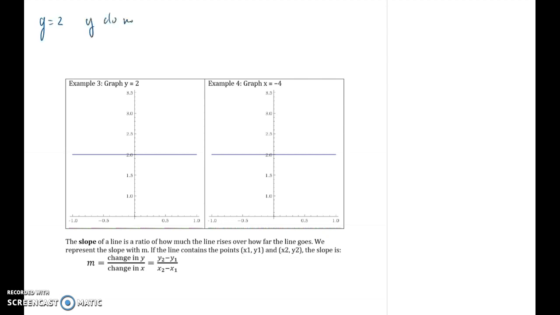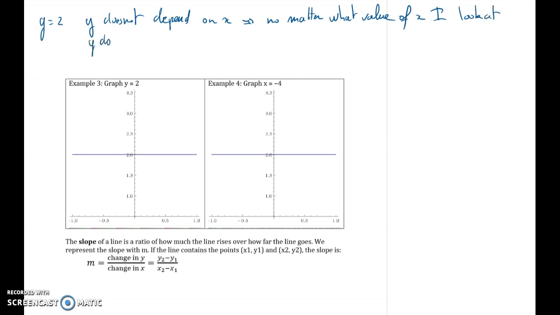So if I have y equals 2, y does not depend on x. What does that mean? That means that no matter what value of x I look at, y does not change.